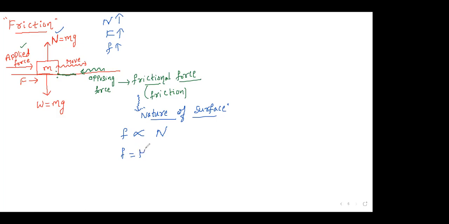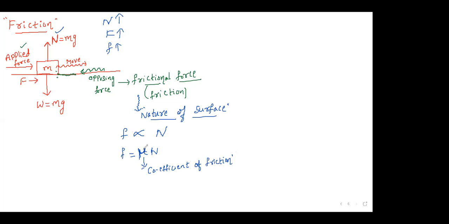To remove this proportionality, we put a constant mu into N. This mu is a constant called the coefficient of friction. Sorry, students.